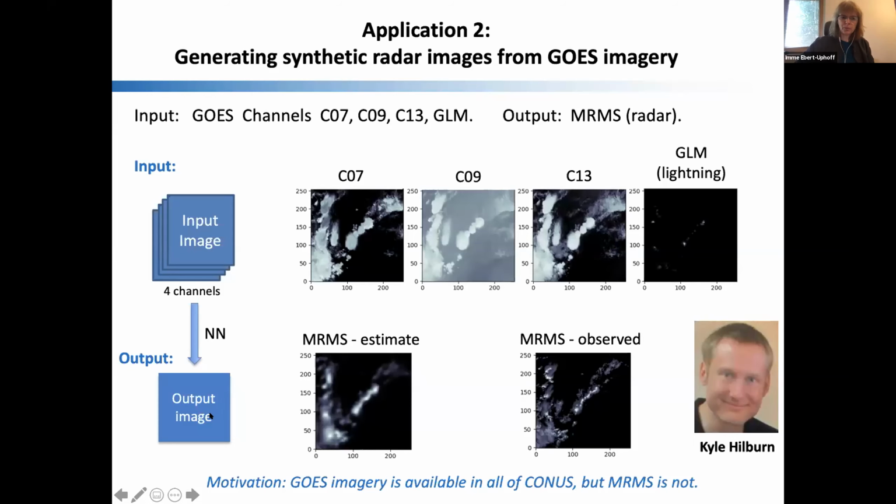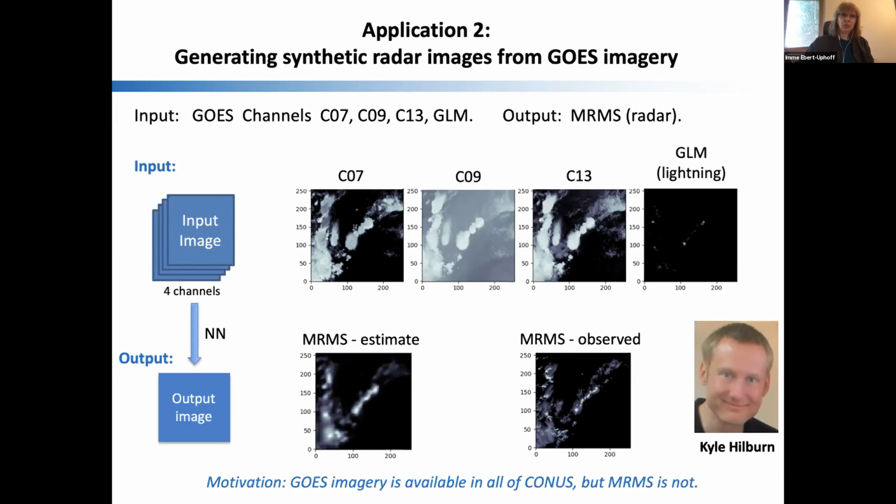Our output, what we're trying to emulate, is MRMS, which is multi-radar, multi-sensor estimation of radar images. If you're not familiar with MRMS, it integrates data from multiple radar networks. It also integrates surface and satellite observations and NWP models. But the key thing is it gives you radar, but only where radar is available. And radar isn't available everywhere in the United States.